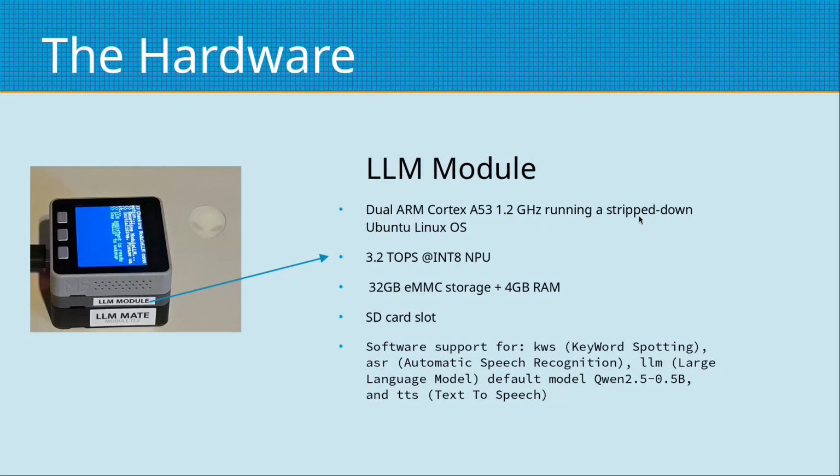Next, we have the LLM module. It has a dual-core ARM Cortex-A53 processor running a stripped-down Ubuntu Linux OS. It also has a 3.2 TOPS at integer 8 NPU, 32 GB of eMMC storage, and 4 GB of RAM.